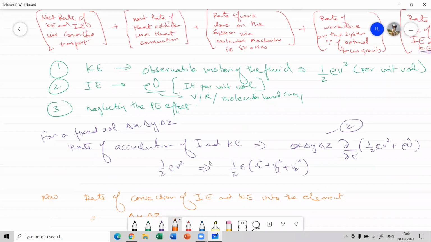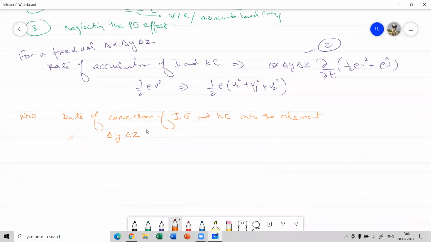So that is delta y into delta z times Vx, the component of velocity in x direction, into (rho u cap plus half rho v square) at x, minus Vx into (rho u cap plus half rho v square) at x plus delta x. That is in the x direction.